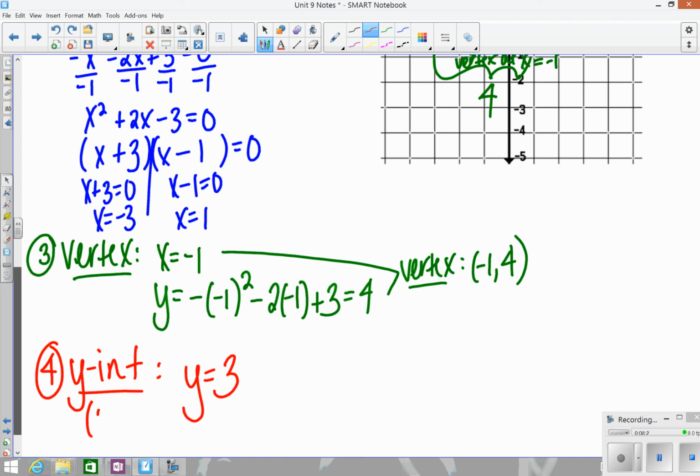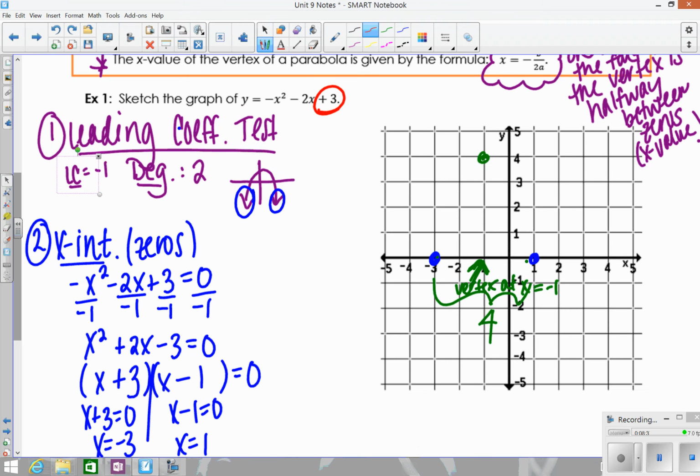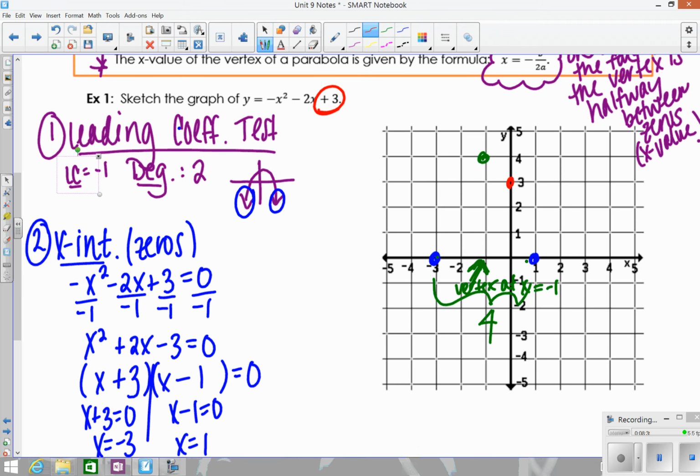So it's just the constant. So that means I can go up to my graph, I can plot that point, and now I can connect all the way up to the vertex and down through. And then we should label, and that's it.